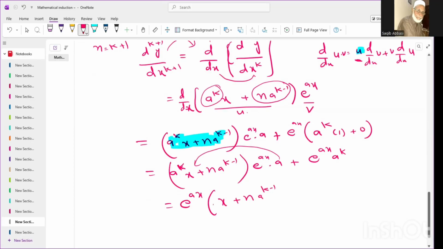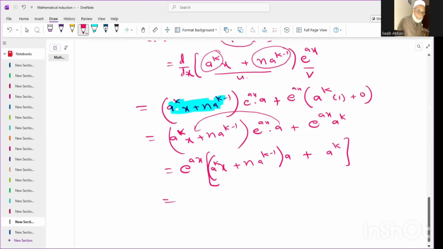This is also a^k, and this will be a, and here a^k. After doing all these things, e^(ax) is multiplied by a^k. The answer will be a^(k+1) into x plus this a multiplied by n a^(k-1) plus a^k.